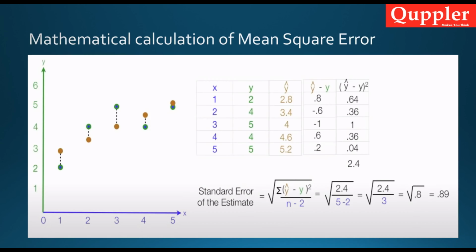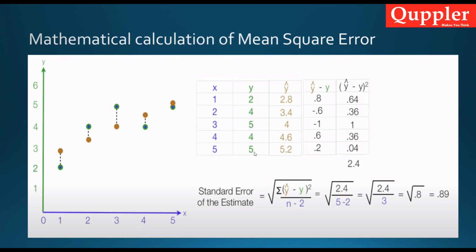Let's see mathematically how we can calculate the mean square error. The equation of this standard error of estimate, which we call the mean square error, is the square root of the summation of (y cap minus y) whole square by n minus 2. Let's say we have the data points 1, 2; 2, 4; 3, 5; 4, 4; and 5, 5.